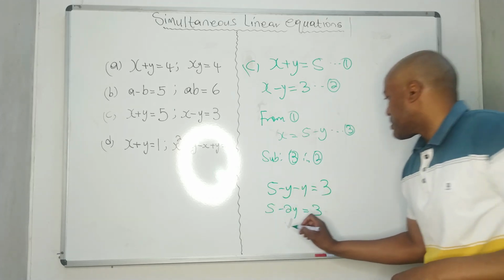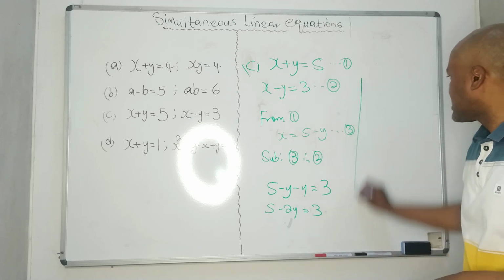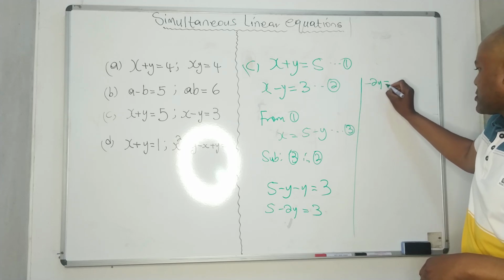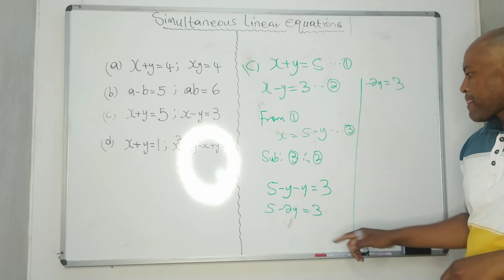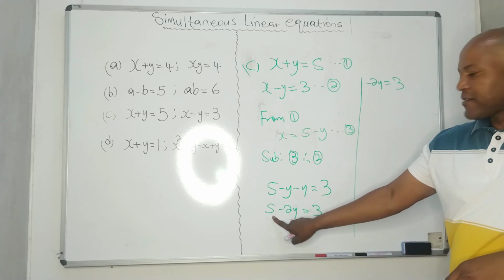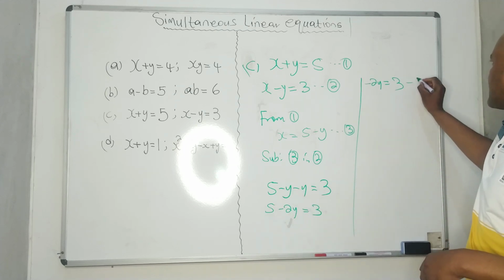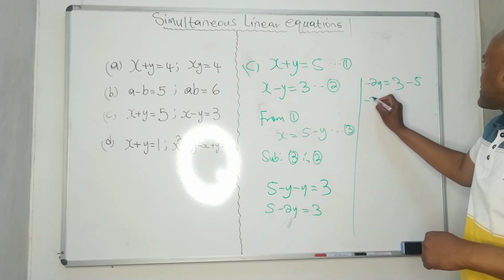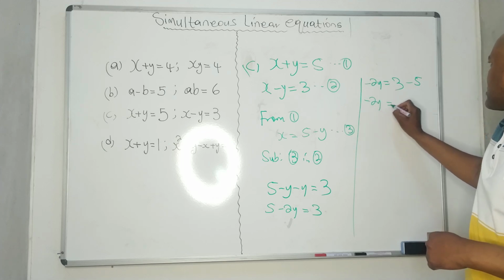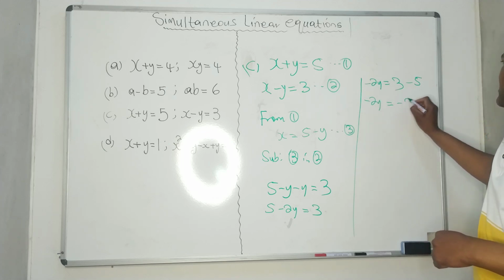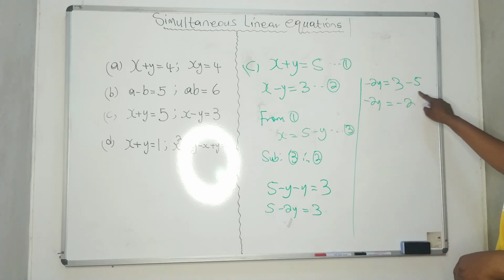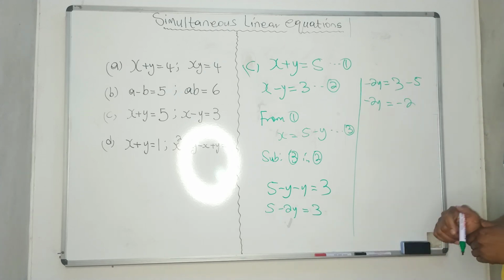And then you remain with negative 2y is equals to 3. I'm going to take this 5 to the other side. It's going to be negative 5. Then negative 2y is equals to negative 2. When you add this, you get negative 2.